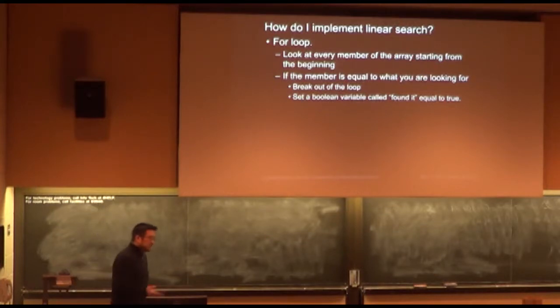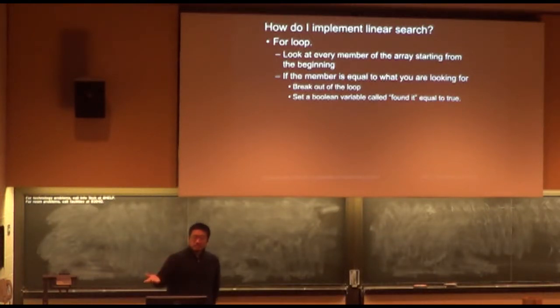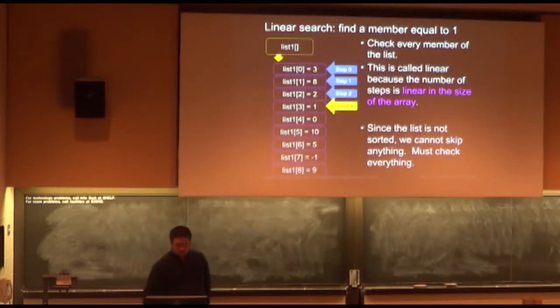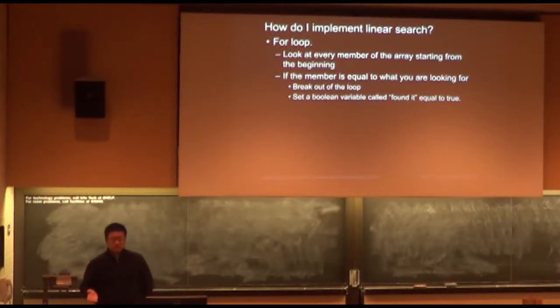So if I happen to know where the beginning of one class started and the end of that class started, then the way that I could make my search faster would be to only search through the part of that array that corresponded to the class that I was looking for, right? So the reason why a for loop is frequently used for linear search is because I can start the search at a particular point in the array, and I can end it at a particular point in the array, simply by modifying the endpoints of the for loop.